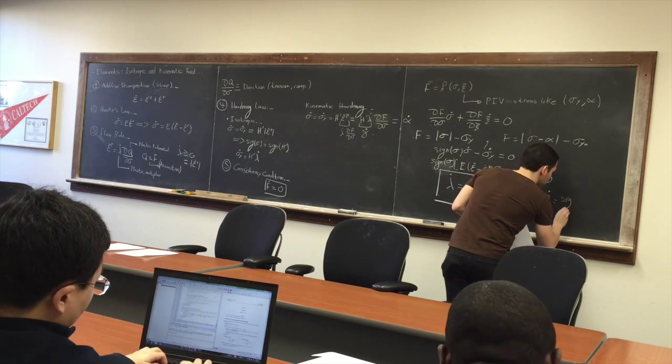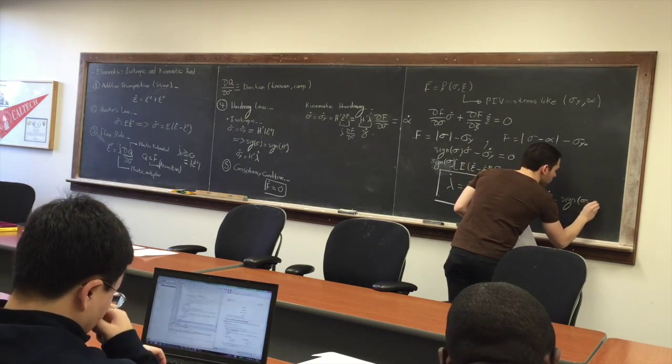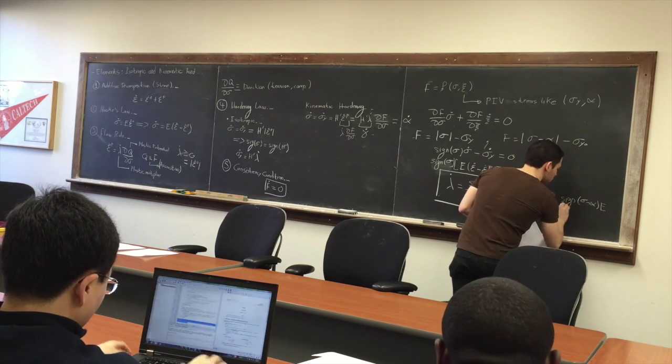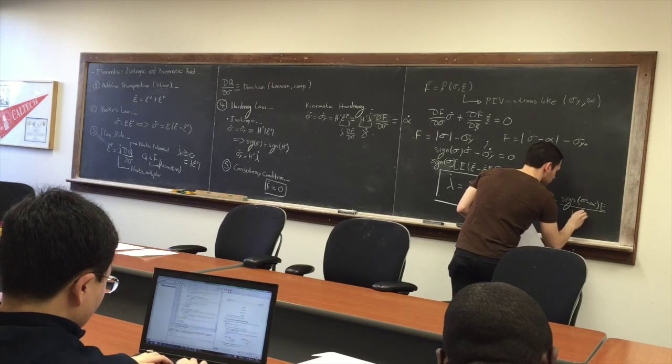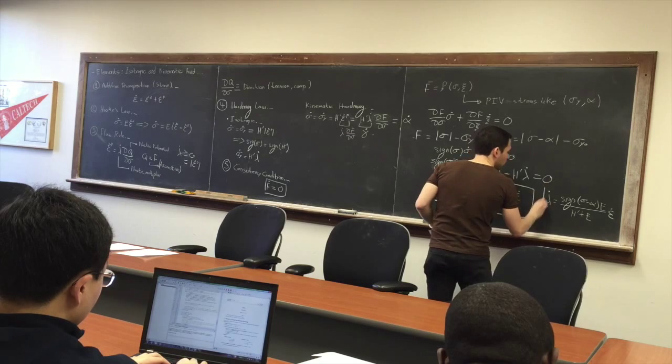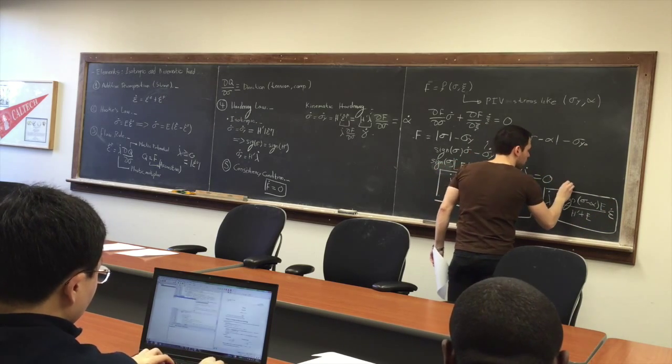But instead we have the sign of sigma minus alpha, the back stress. That's the only difference. And this one is for kinematic hardening.